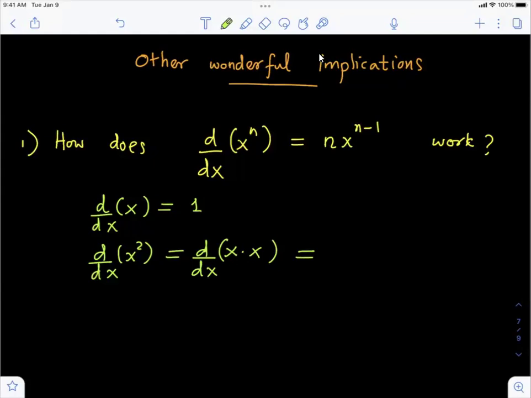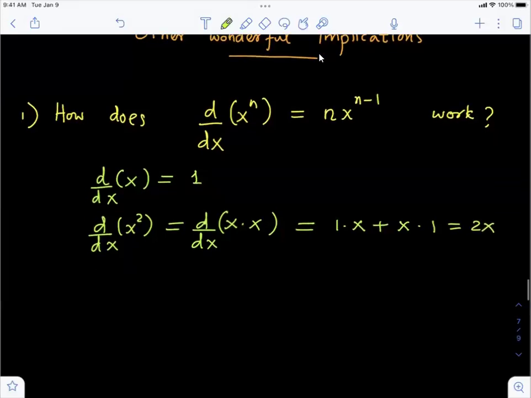If you use the product rule, you're going to end up getting 1 times the second function, which is just x, plus now switch, x times 1. So this is none other than just one copy of x, another copy of x, it's just 2x, which validates the power rule. Now, how can you have this line number 1 and line number 2, right?